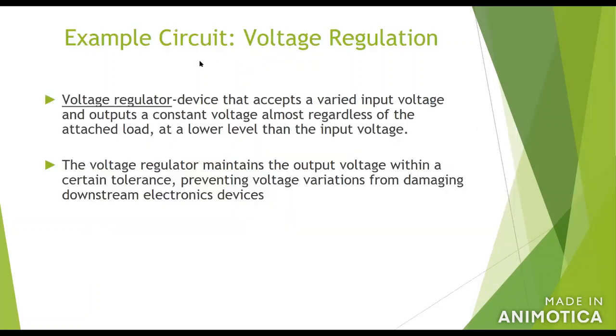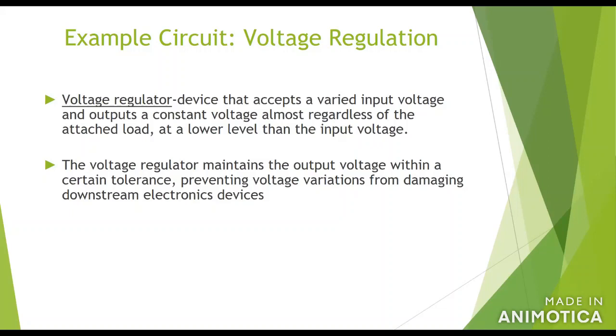And some other examples of circuits: voltage regulation. Remember, we have AC voltage and we have DC voltage. A voltage regulator is used to create an accurate voltage. For example, for USB we use 5 volts, but the input to USB usually is not 5 volts.